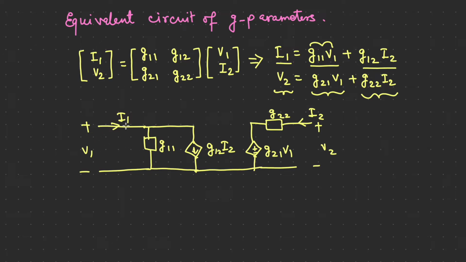So we can see that the I1 current which is incoming here will be the summation of G11 into V1 plus the current in this branch G12 I2, and V2 is equal to I2 into G22 plus G21 V1. So this is our equivalent circuit of G parameters.